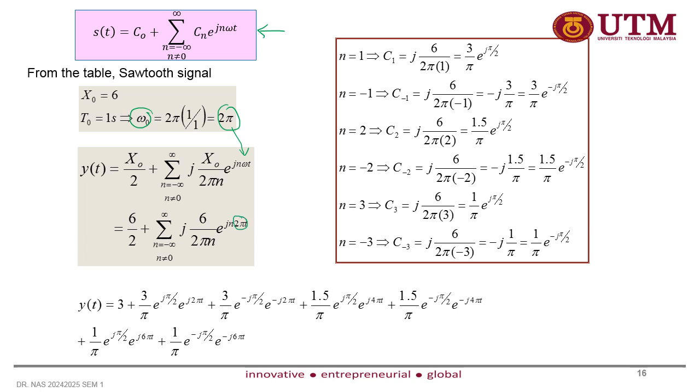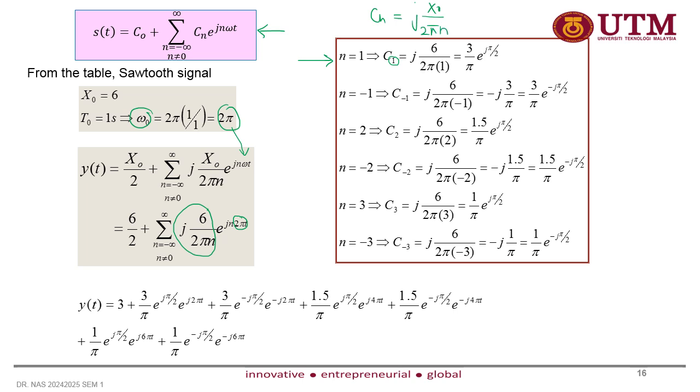Next is to identify the cn values up to third harmonics. So you need to consider all n, negative and positive, from 1 up to 3. For n equal to 1, replace into the cn equation, cn equals j x naught divided by 2 pi n.